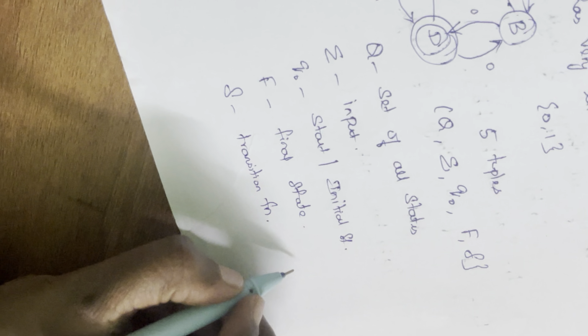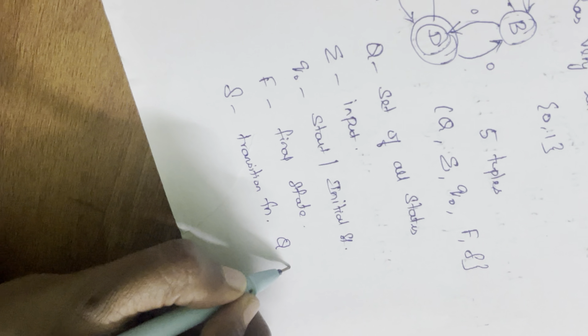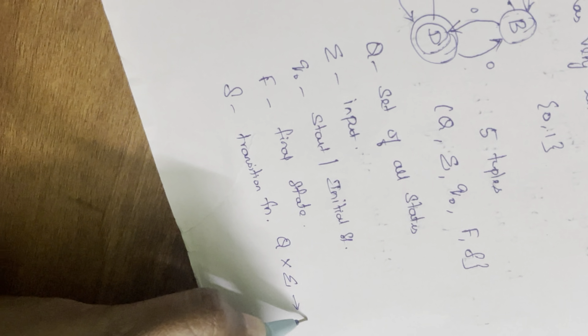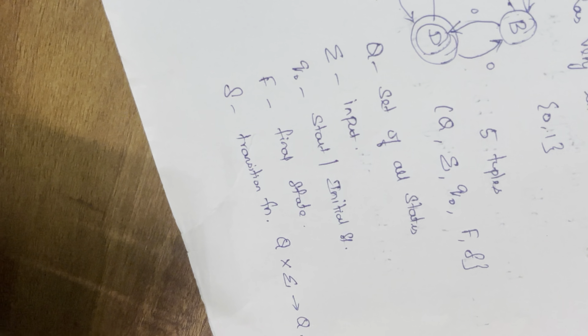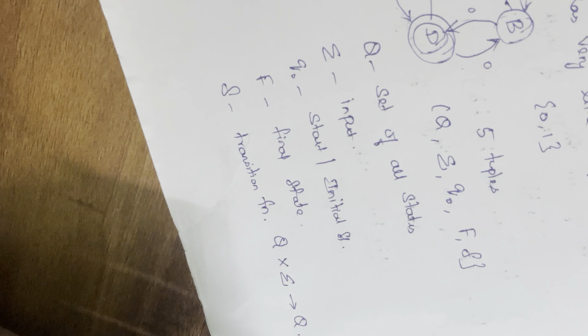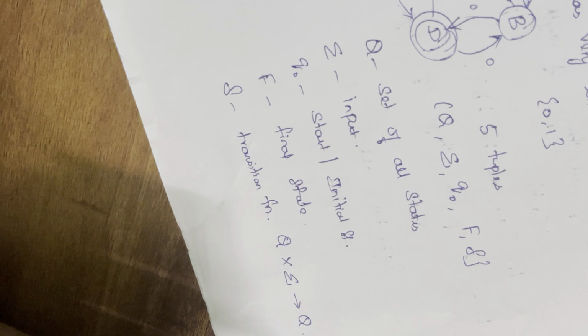In the case of a DFA, it can be represented as Q times sigma giving you a Q value. So these are the 5 tuples we wanted to learn.